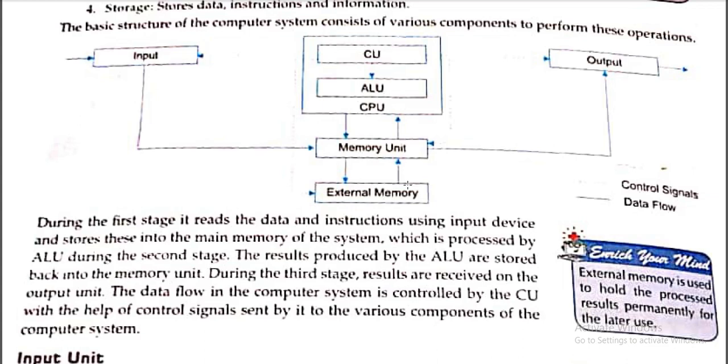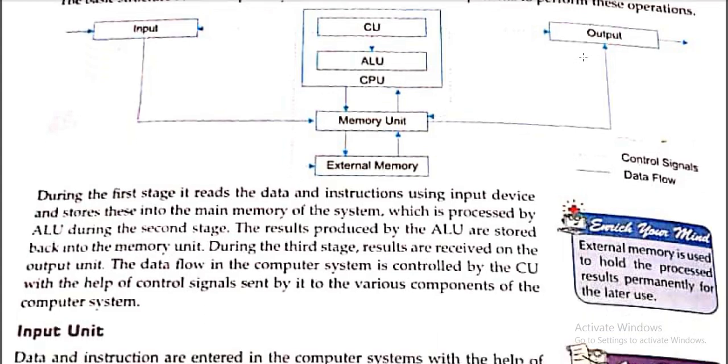And after processing you will get the output. During the first stage it reads the data and instructions using the input device, and stores these into the main memory of the computer system.